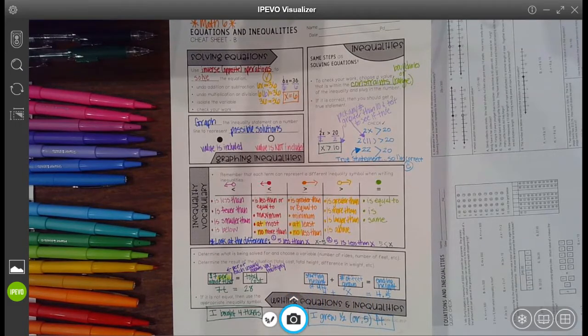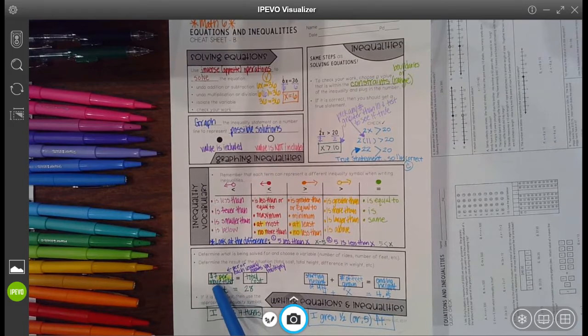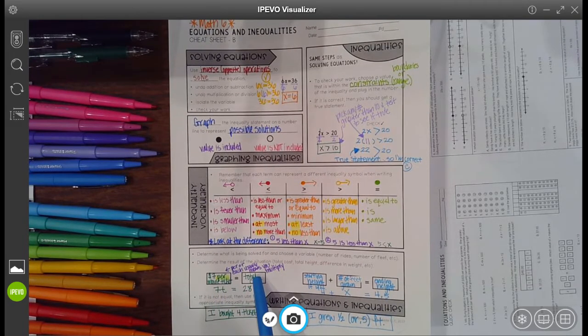So the situations that I came up with were, they only gave me 2 spots. So this one was probably going to be a multiplication. Whenever you see the word per, each, or every, that's your indication that you're going to multiply your number with your variable. So it says $7 per movie ticket. I'd love to go to that movie theater. So you would do 7 times however many tickets you buy equals the total cost you're going to pay.